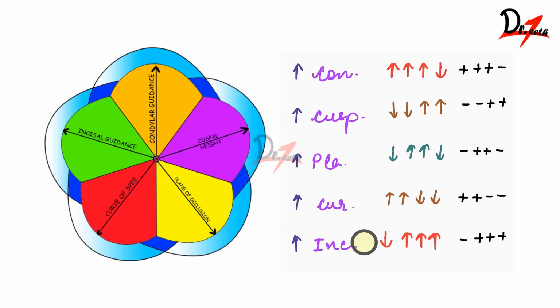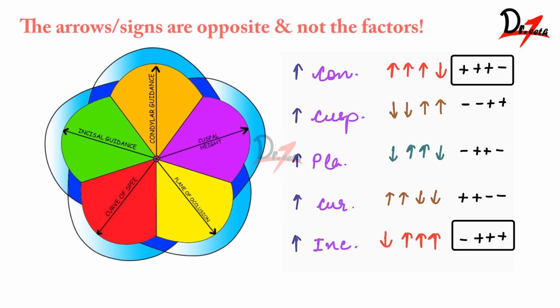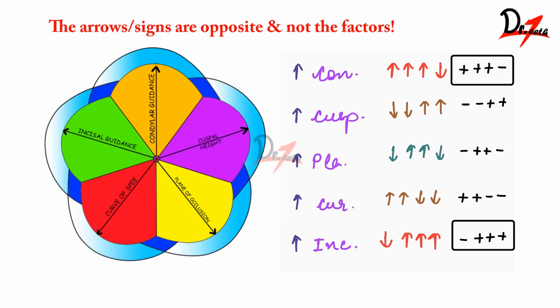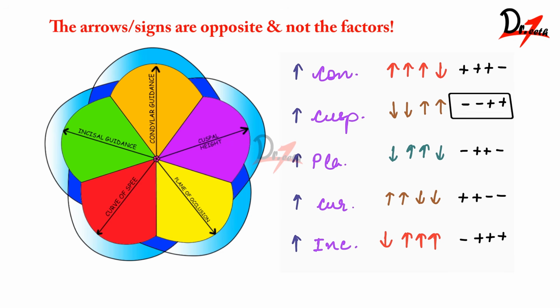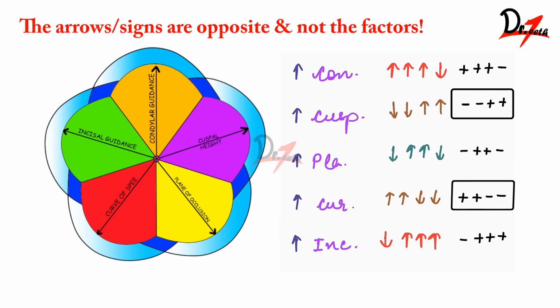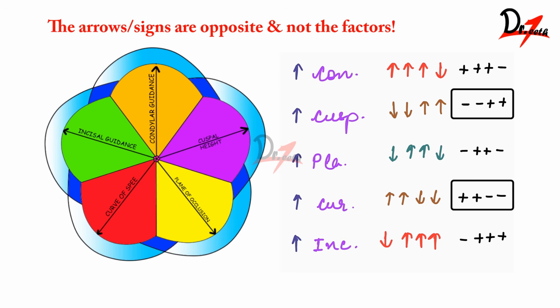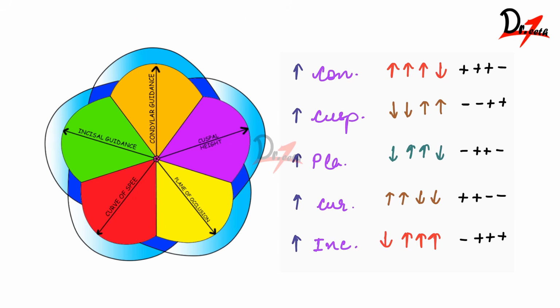So now here we can see that the condylar guidance is just the opposite of the incisal guidance, because in condylar guidance we had 3 positive and 1 negative, but in the incisal guidance we have 1 negative and 3 positive, right? Similarly, the cuspal height is just the opposite of the curve of Spee, because here we had double minus double plus, but in the curve of Spee we have double plus double minus. Then the plane of occlusion is the odd one out. Here we have minus plus plus minus.